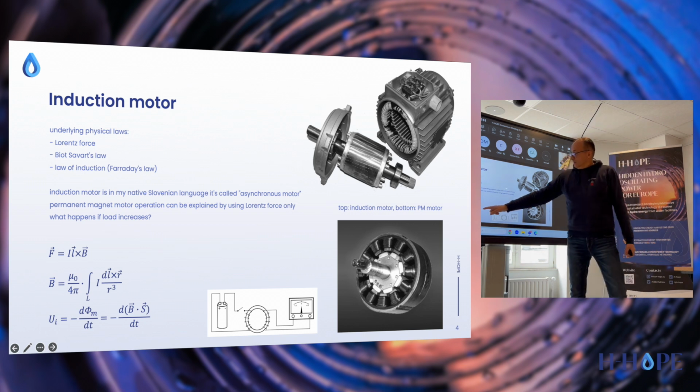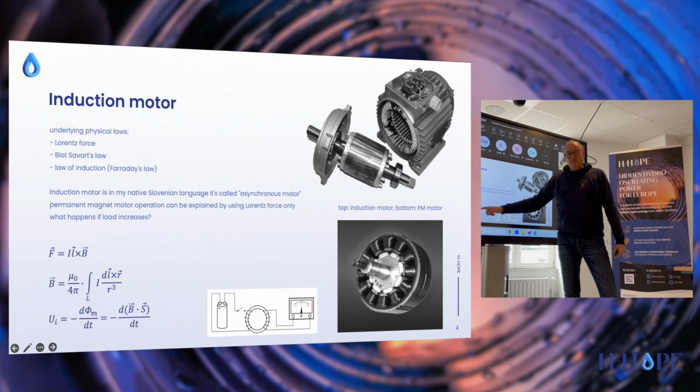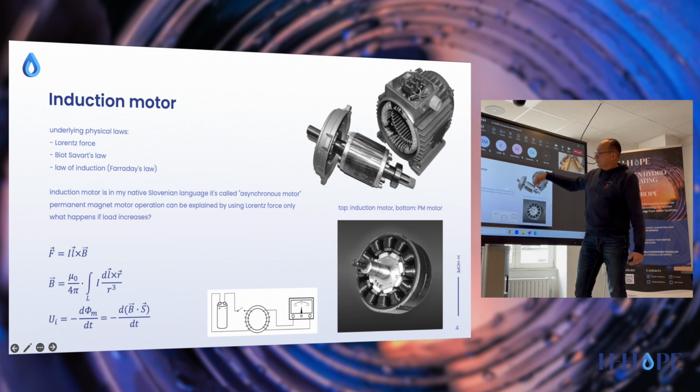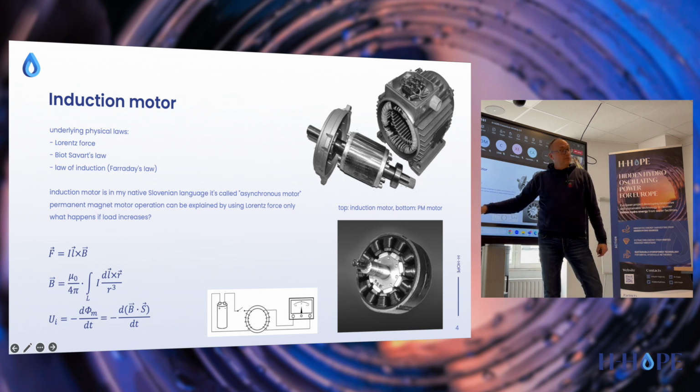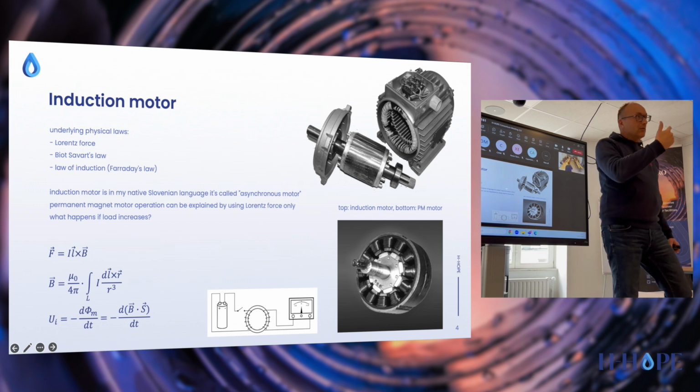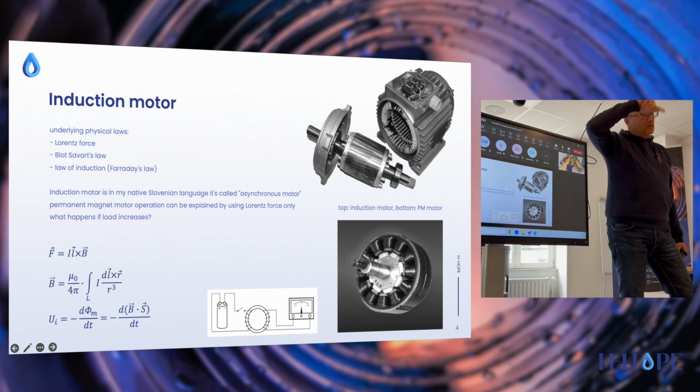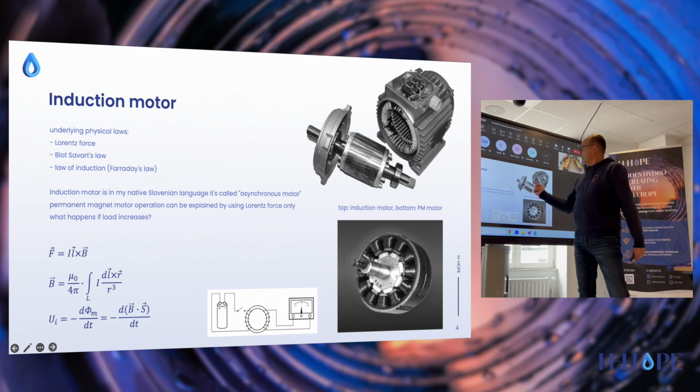Therefore, this derivative is very high. And that means that on the bars of the rotor, a lot of voltage is induced. This induced voltage creates a current flowing around the bars of the rotor, and you have a lot of current running around here.